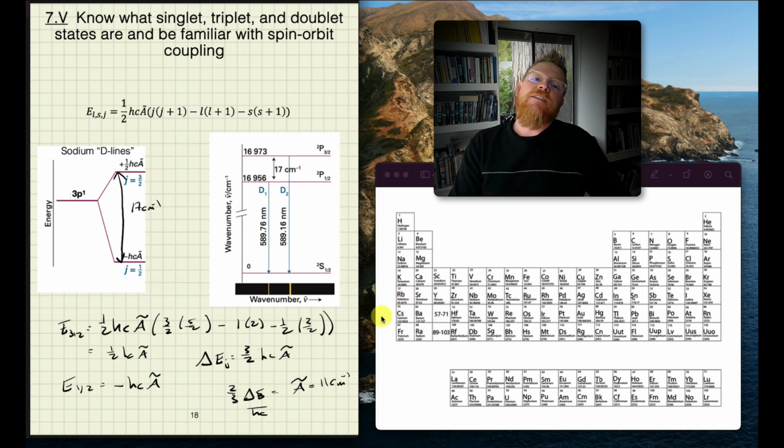So we see this lovely trend where the larger the value of Z, the more spin orbit splitting there is, which makes good sense when you think about how this equation is based on the value of J. We're going to see more observations of this spin orbit splitting as we continue to discuss spectroscopy.